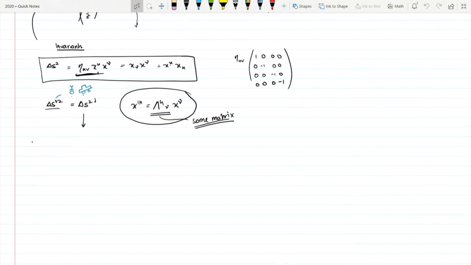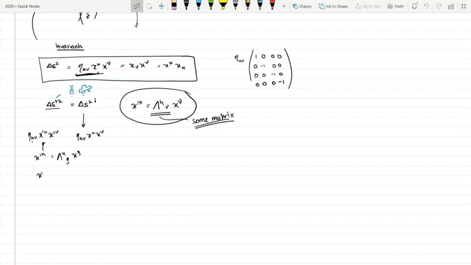So del S squared is eta mu nu times x mu x nu. On the left-hand side, I have eta mu nu acting on x prime now. But since x prime mu, for example, is lambda mu rho acting on x rho, I can plug this thing in here.